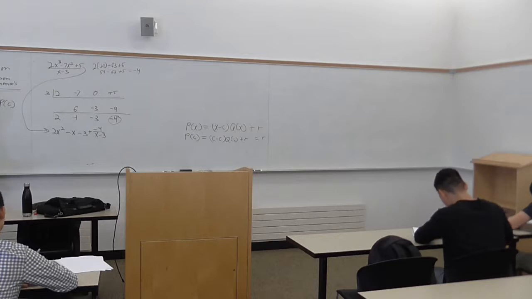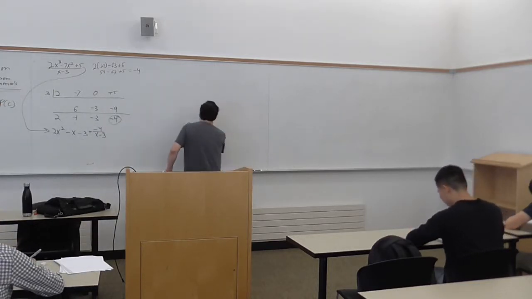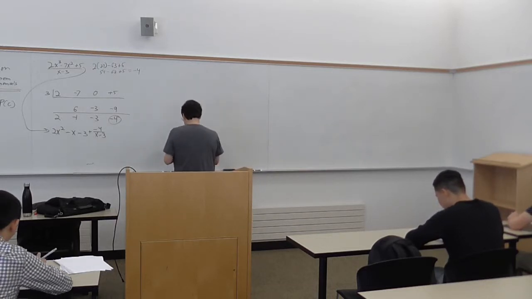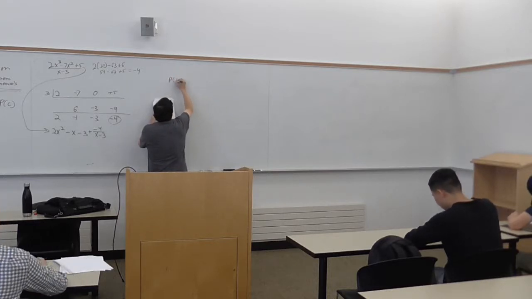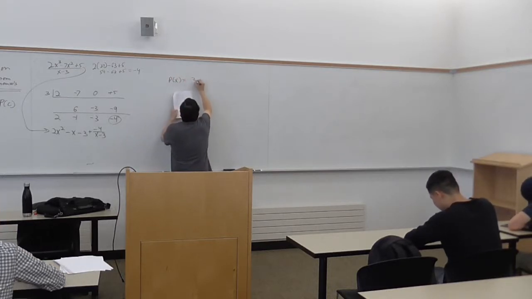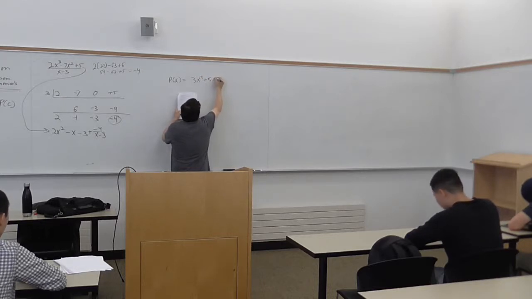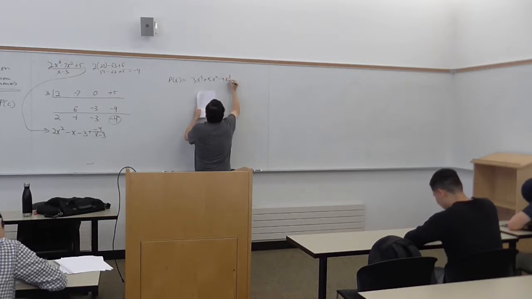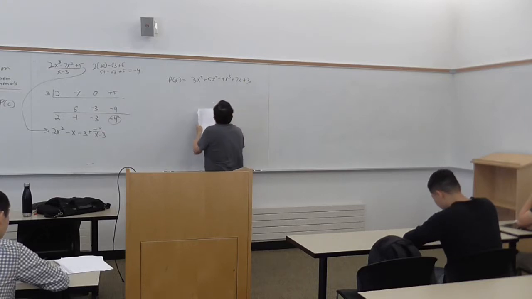Let's try one more example, just to see how it works. Let's take the polynomial 3x to the 5th plus 5x to the 4th minus 4x cubed minus 7x plus 3.